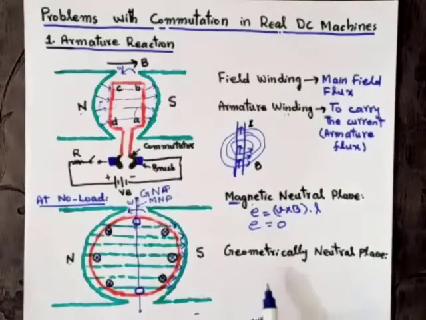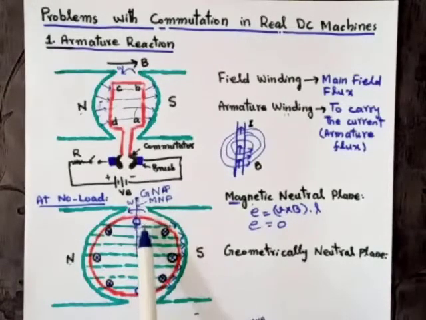And the next one is the geometrically neutral plane. The geometrically neutral plane is that plane which is perpendicular to the stator field. As you can see in this figure, this is the stator field, and at that point the induced voltage will be 0.